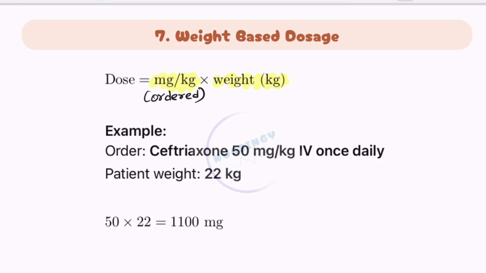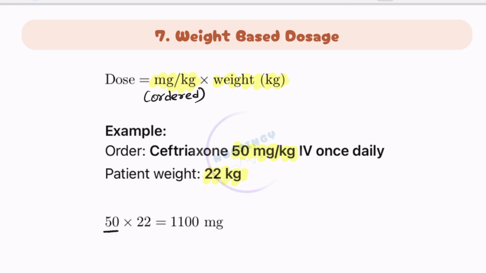For example, if the order is ceftriaxone 50 mg per kg IV once daily, and the patient weight is 22 kg, then to find out how much total dose the patient needs, we multiply the order 50 mg per kg by the patient weight.